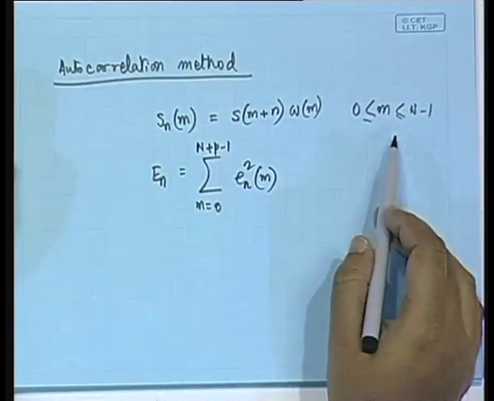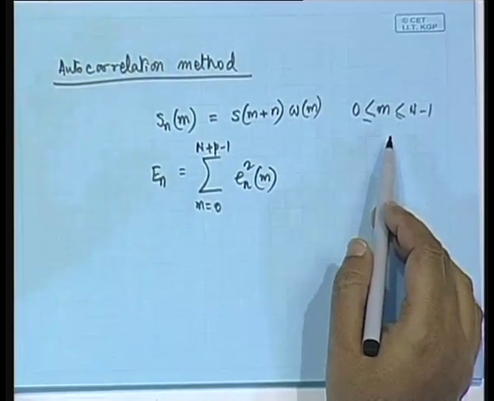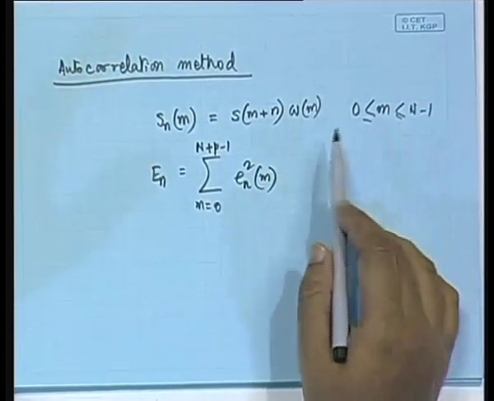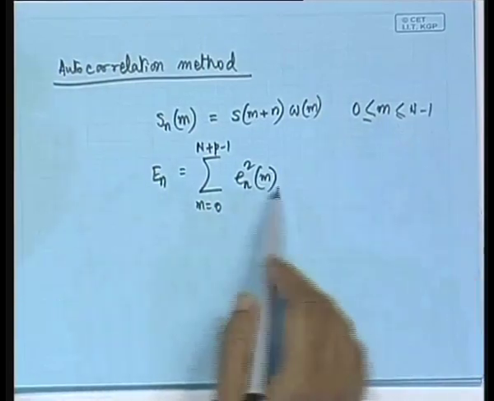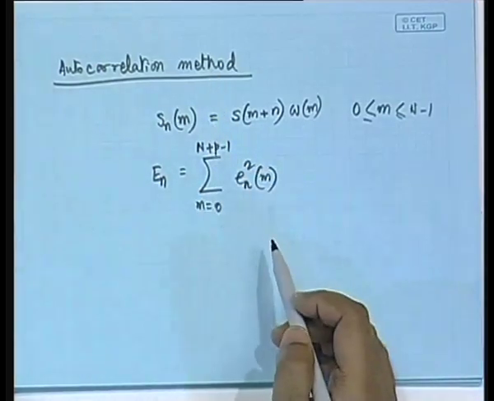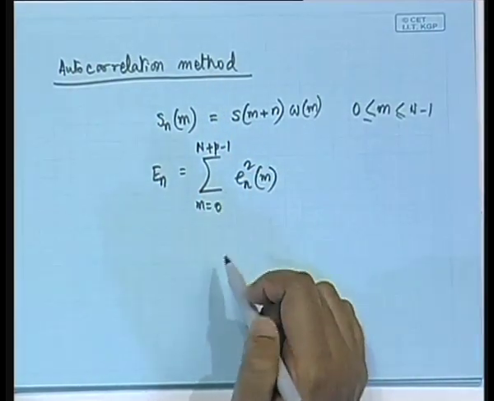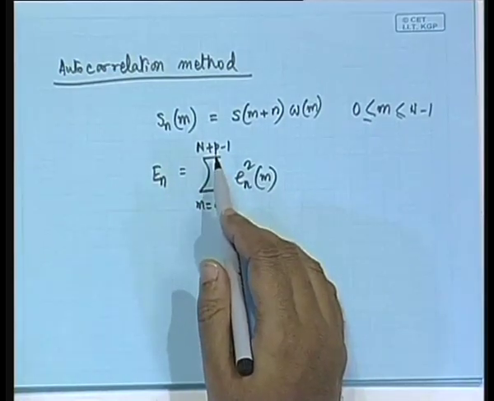The windowing that we have performed is over N samples, 0 to capital N minus 1. But just note that the E n expression we have written takes its limit from m is equal to 0 to N plus p minus 1.